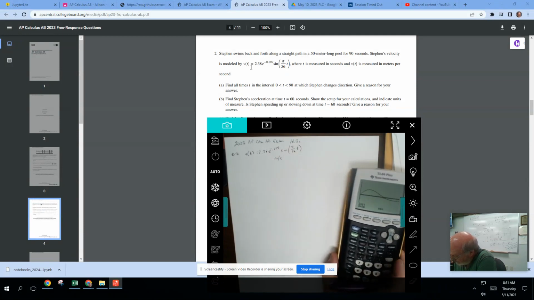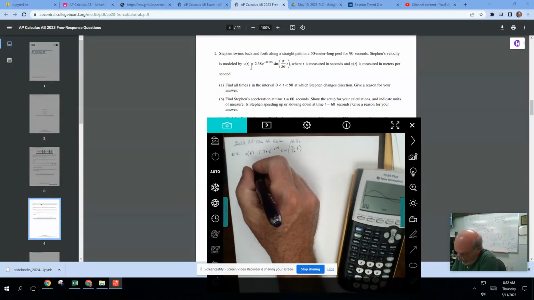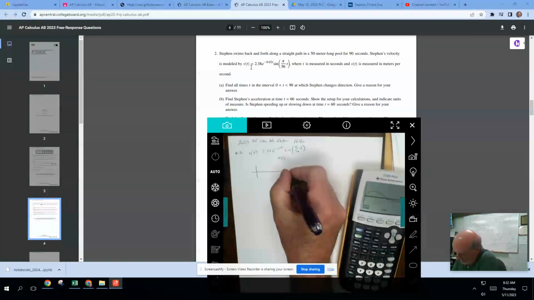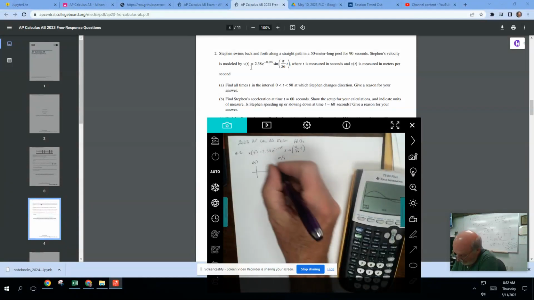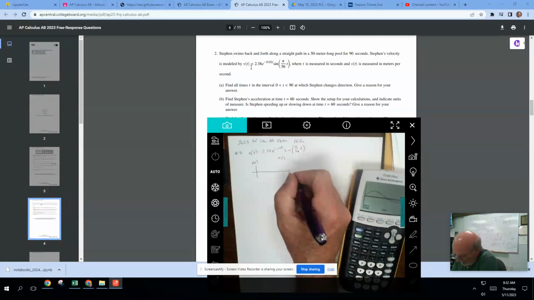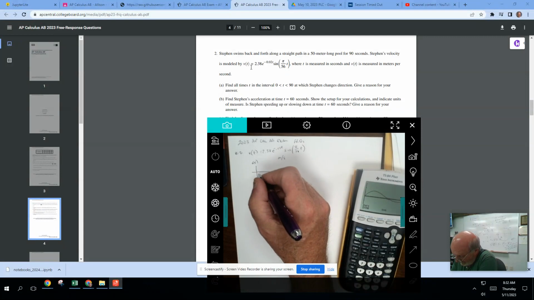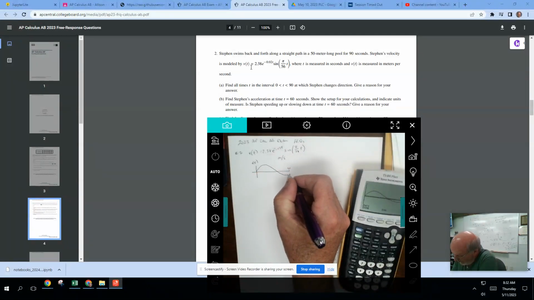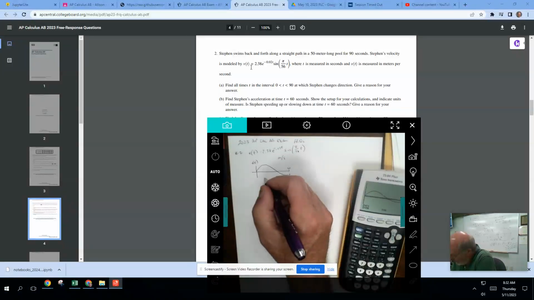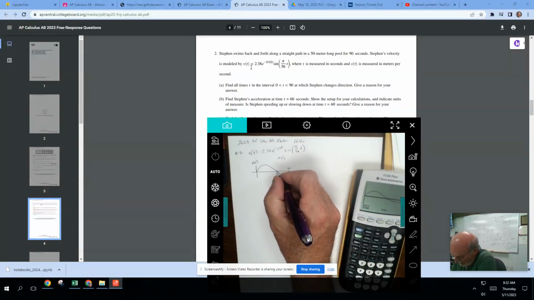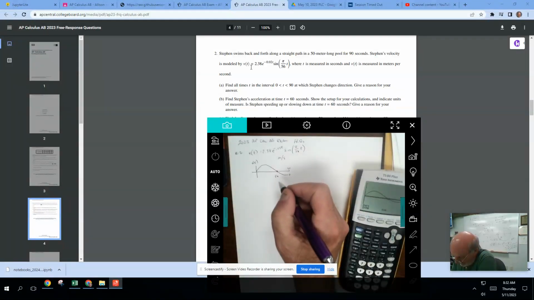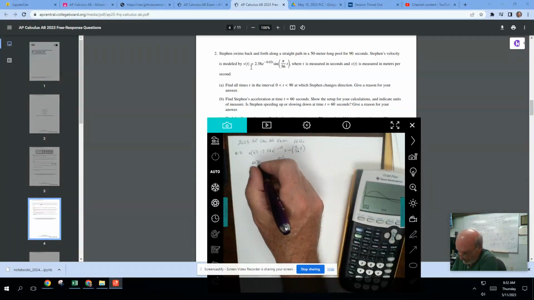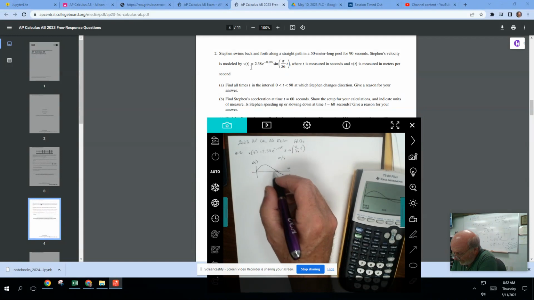Okay, so the velocity function, v of t, put this as 90, and looks like this is going like this. And this t value is at 56, which makes perfect sense. Seconds, and this is in meters per second.